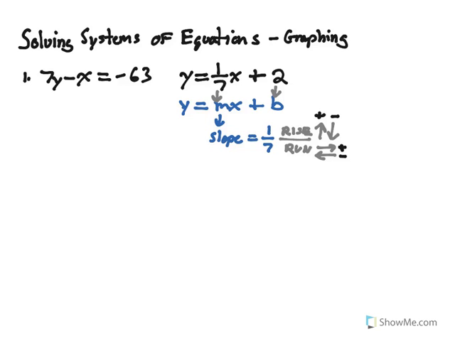And then this here is your slope-intercept form. Your y-intercept, B, is going to be your y-intercept. So for this particular equation, that's going to equal 2.